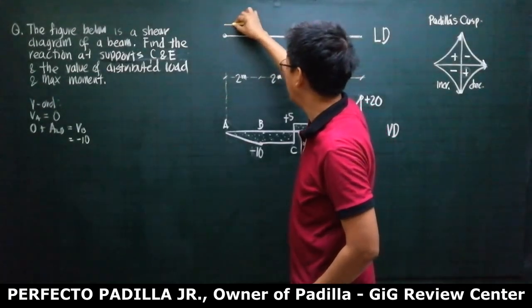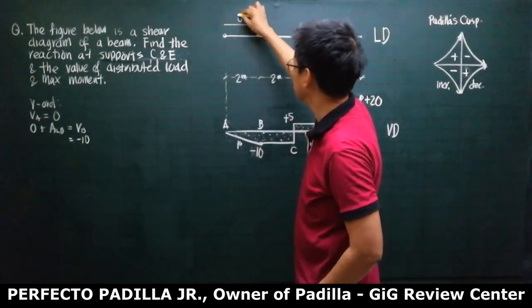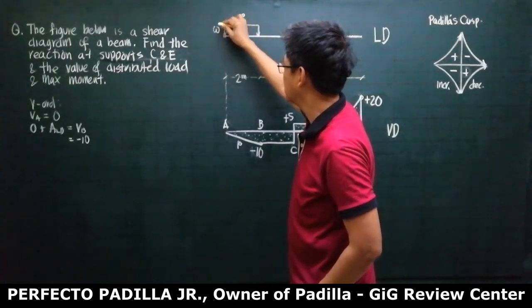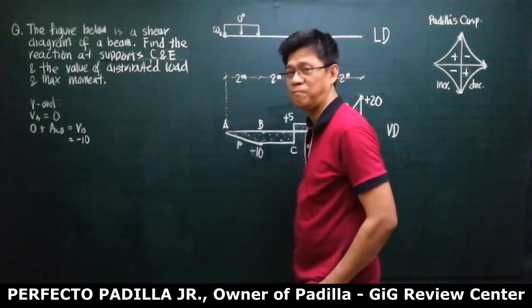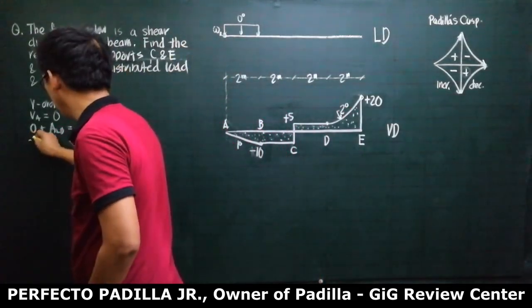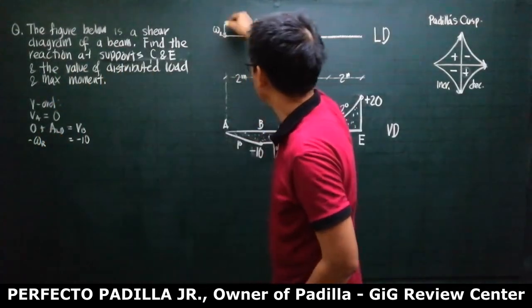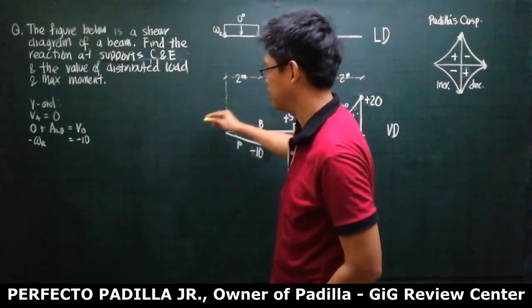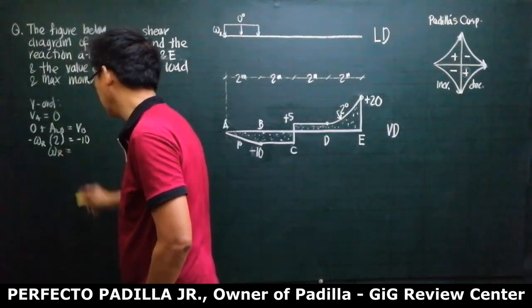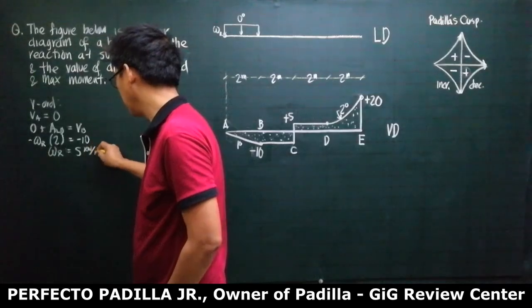It must be a uniform load. So, if the uniform load has a magnitude of WR, the area is simply minus WR, minus because it is downward, multiplied by 2 meters. So the value of WR is going to be equal to 5 kilonewtons per meter.